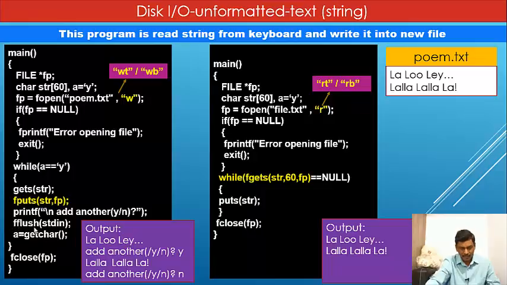What is the meaning of fflush of stdin? Printf is a formatted console IO function, and getchar is an unformatted console IO function. We already learned about console IO in previous chapters.